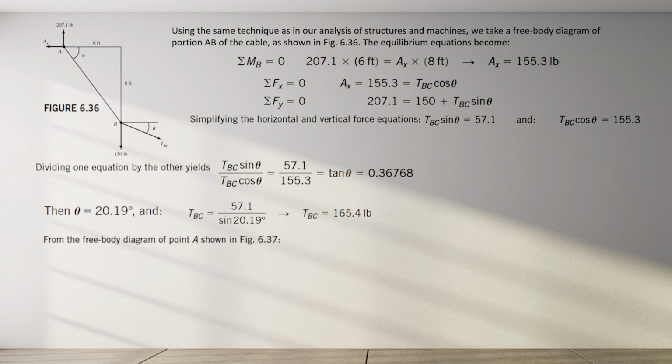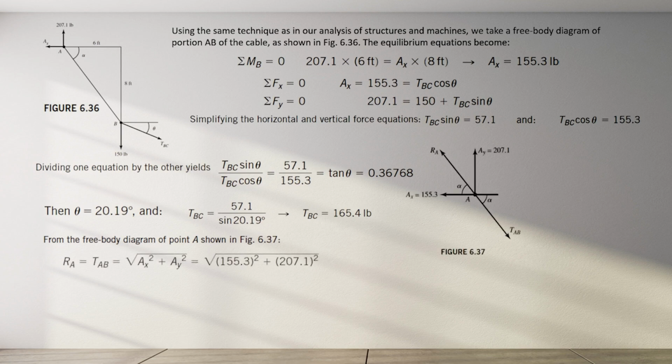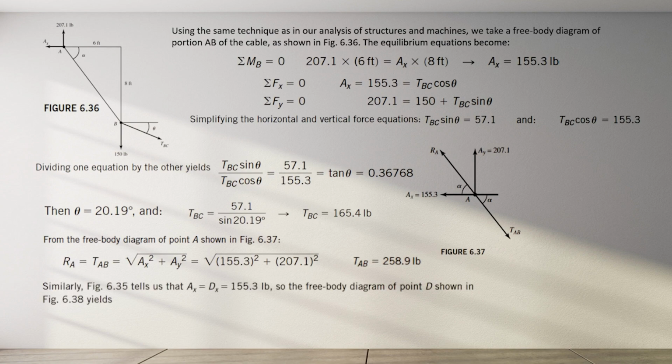From the free body diagram of point A, shown in figure 6.37, using the Pythagorean theorem, RA equals TAB equals the square root of AX squared plus AY squared, a resultant value of TAB as 258.9 pounds. Similarly, figure 6.35 tells us that AX equals DX equals 155.3 pounds.